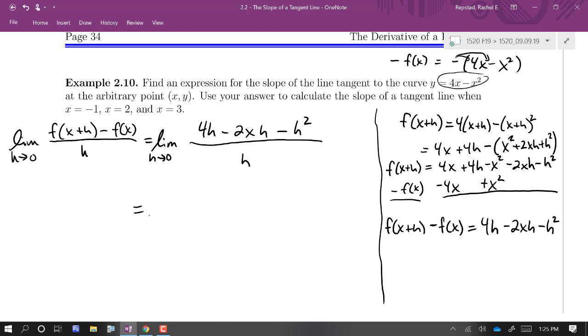When the function that you're working with is a polynomial, that will always happen. If I find f of x plus h minus f of x and I'm working with a polynomial and I end up with some terms that don't have an h in them, that means there's an algebra mistake I made somewhere and I need to go find it and fix it. So we can pull out that factor of h.